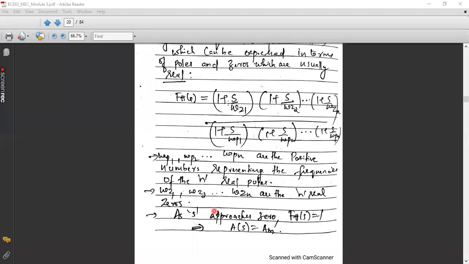So whenever your frequency is zero, the terms s by omega z1, s by omega z2, similarly till s by omega zn, and in the denominator s by omega p1, s by omega p2 till s by omega pn, all these terms will become zero. So each factor in the numerator becomes 1 plus 0, like that. So numerator and denominator are both 1. So finally we can say that whenever s approaches 0, the value of FH of s is 1.